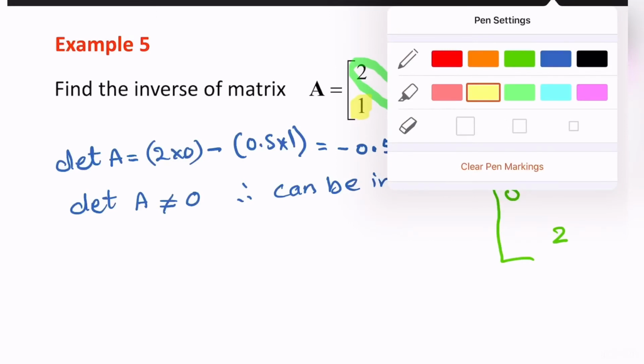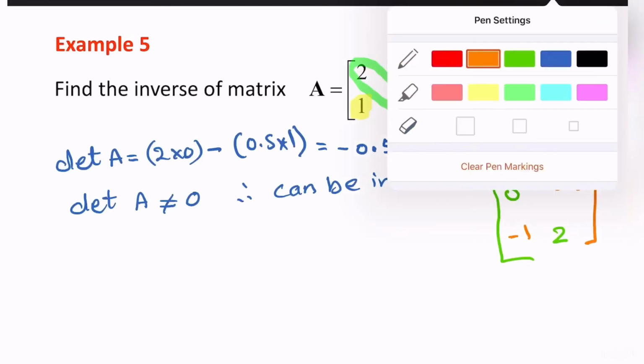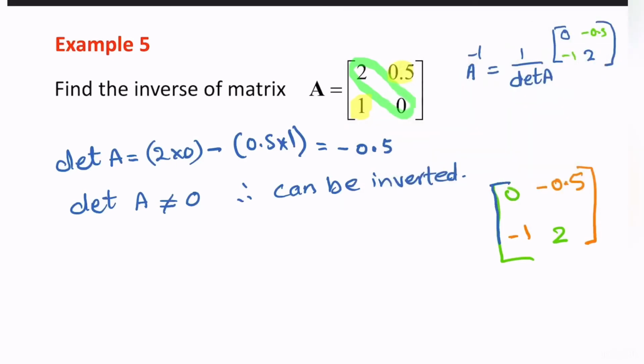So this is going to be minus 0.5 and minus 1. Right? And now we will apply this formula. So therefore, A inverse equals 1 over the determinant, which is minus 0.5, multiplied by the matrix we changed, which is 0, minus 0.5, and minus 1 and 2.